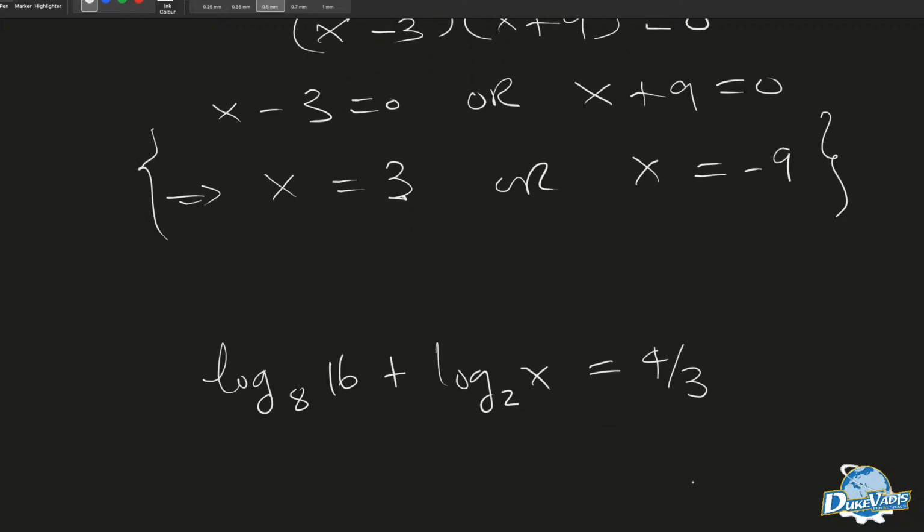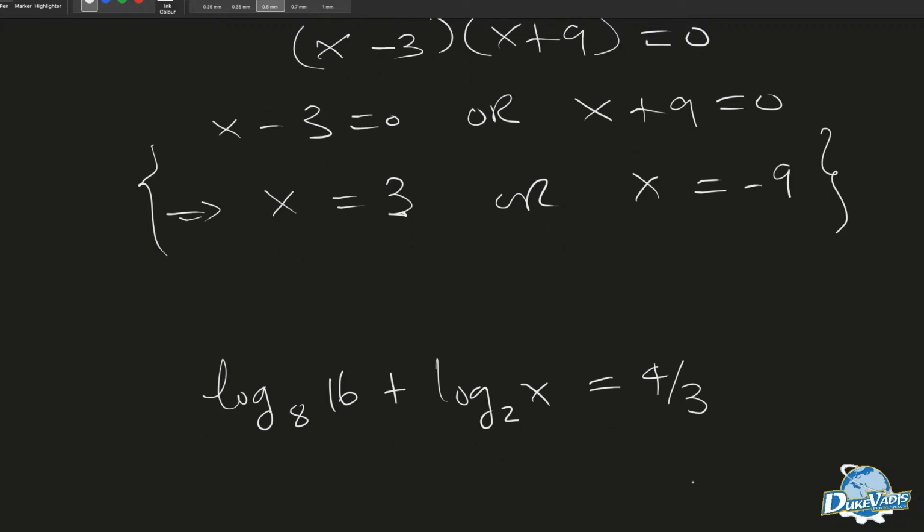And we should solve the question. If you look at this, it's very interesting. If you look at 8 and 16, it's very interesting because over here we have base 2. So that helped me think of changing log base 8 of 16 to something else.